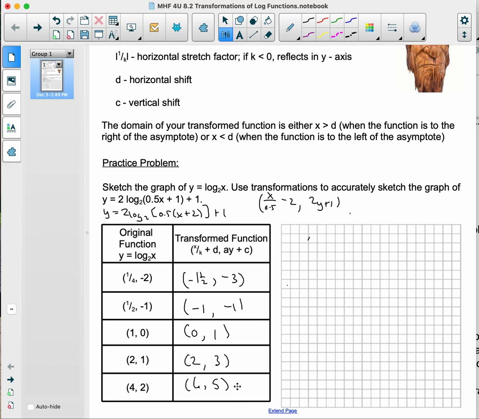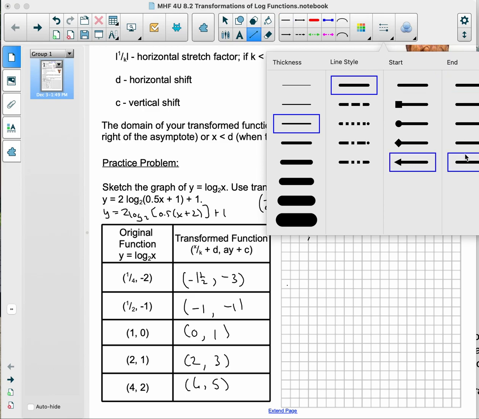Now I'll actually put some axes on there and draw it, which is going to be painful for you guys to watch. So just do your own, and then double check with mine and make sure that they match.